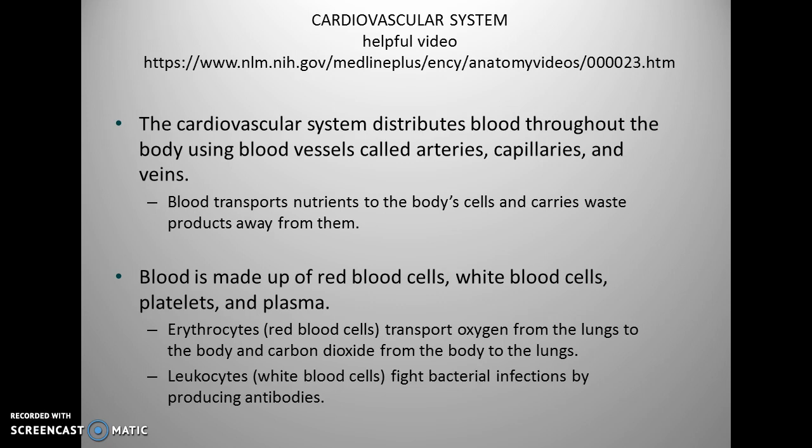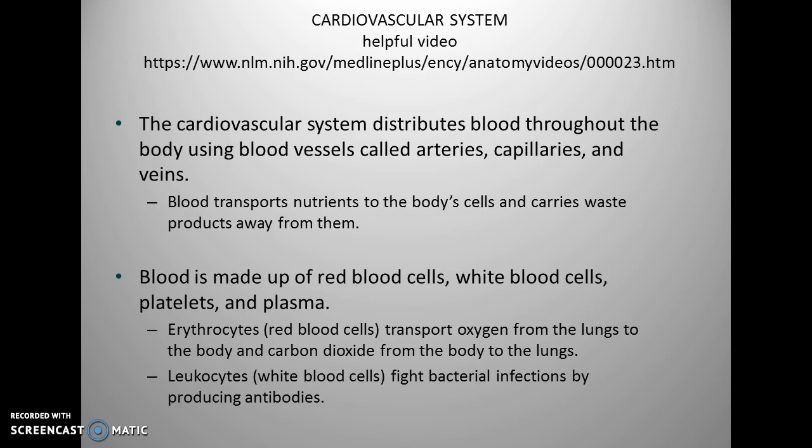And it's the blood that transports nutrients to the cells and carries waste products away. Also, blood is very important in transporting oxygen to the different cells, which is necessary for life, and then taking the carbon dioxide and bringing it back towards the lung, where it is exhaled.